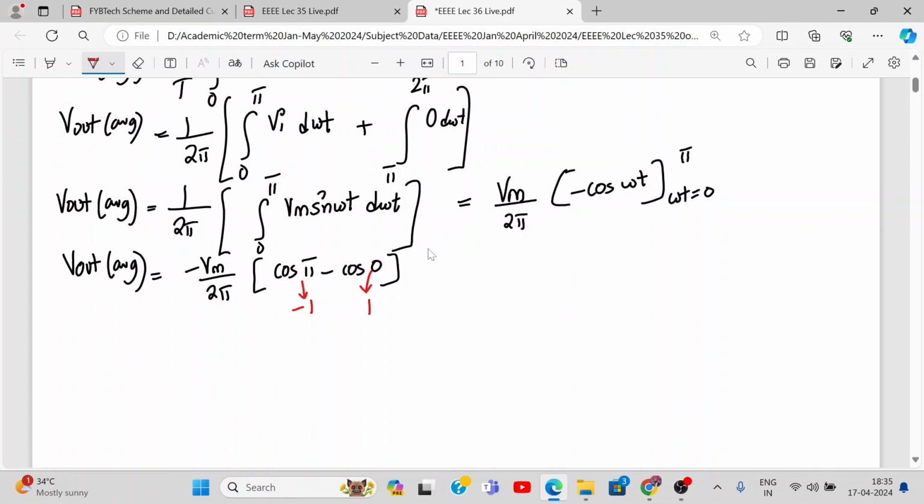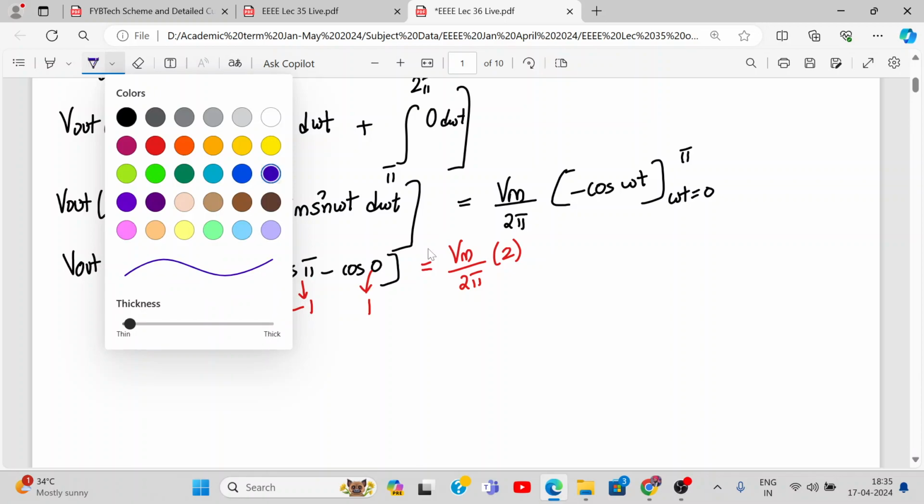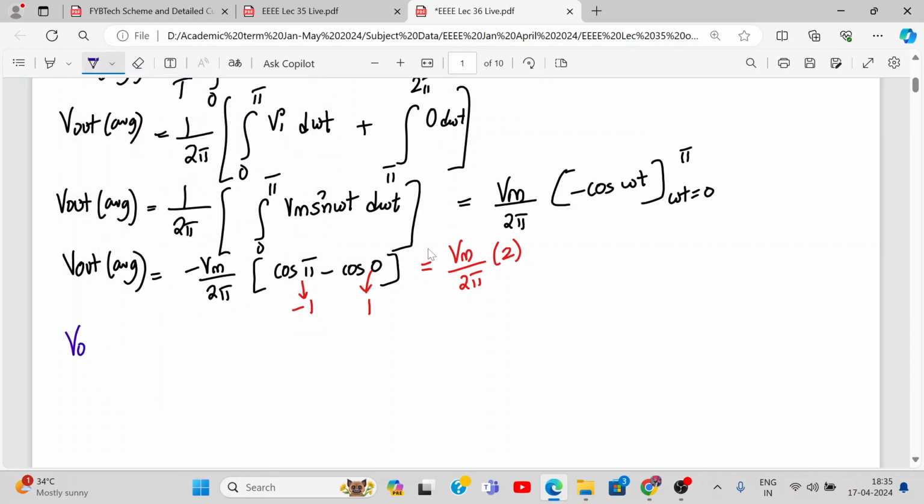So the minus gets cancelled, and here you will get Vm by 2 pi into 2. So how much is my V out average now? Vm by pi, correct? And this is also called DC, VDC.